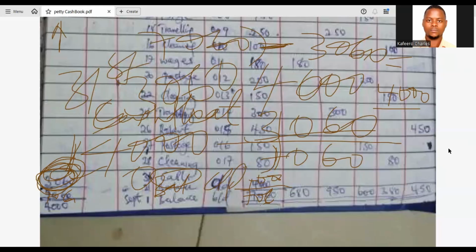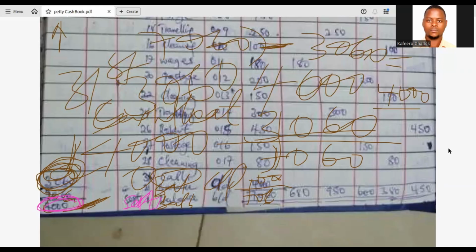So here we shall have the balance brought down, but this balance brought down will be on the debit side. That's why you're seeing this amount here, 4,000, and it is on the date of September 1st because that is the money that we have at the beginning of the next month. That's the money we shall start with at the start of September.